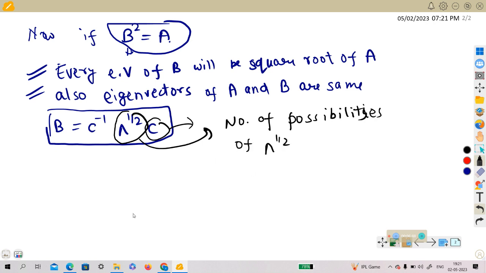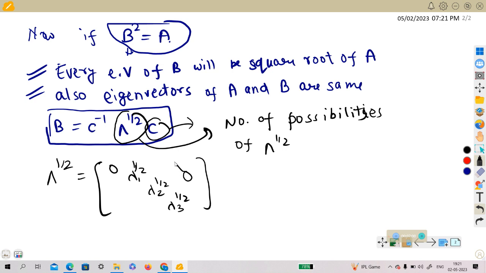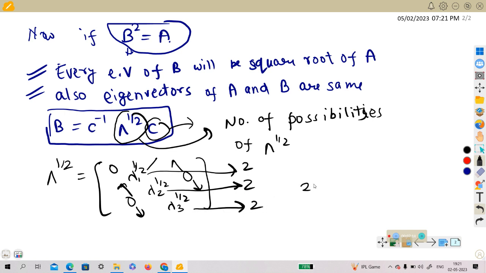Now again, what is gamma to the 1 by 2 we have defined? We have taken it as 0, lambda 1 to the power 1 by 2, lambda 2 to the power 1 by 2, lambda 3 to the power 1 by 2, and 0 elsewhere. So how many possibilities does it have? Each of these has two possibilities, because we are in the complex numbers and these lambda 1, lambda 2, lambda 3 are complex values. So the total is 2 into 2 into 2, which is equal to 8.